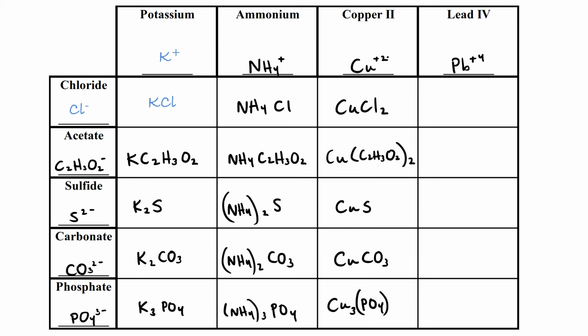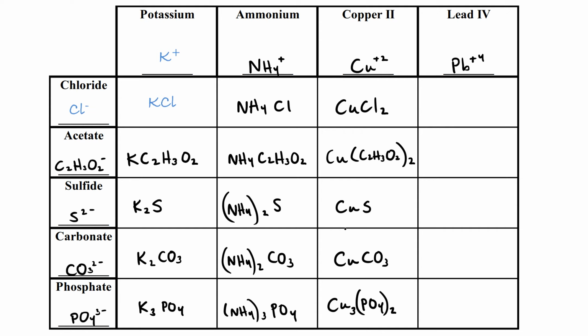And because copper has the +2 charge, we'll make it the subscript of the phosphate. If copper itself has a +2 charge and you have 3 of them, the overall charge here is going to be +6. If phosphate has a 3- charge and you have 2 of them, the charge over here will be -6 as well. And so that automatically balances out the 2 charges.